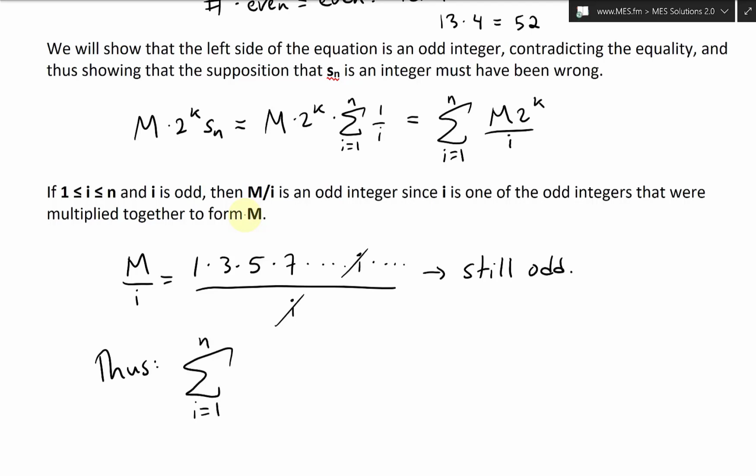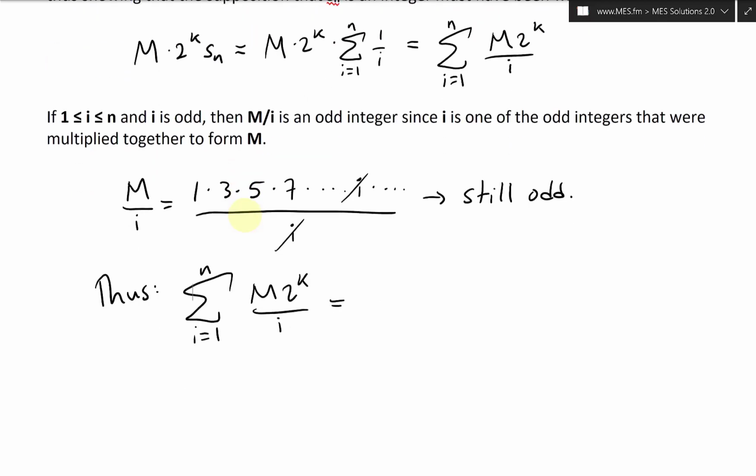Summation from i equals 1 of M over i, or M 2^k over i. This is going to be odd times even. Actually, it's important to be careful here: we're not summing that all up. We're just considering the case where i is odd, because i goes odd, even as you increment 1, 2, 3, 4.